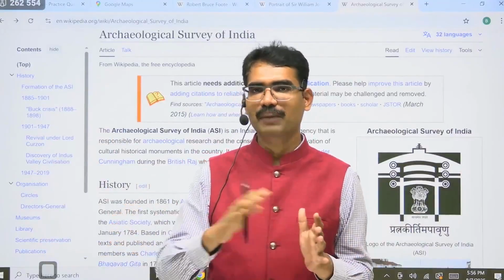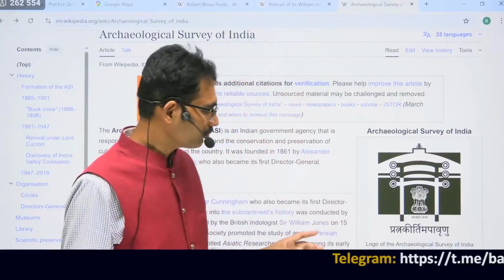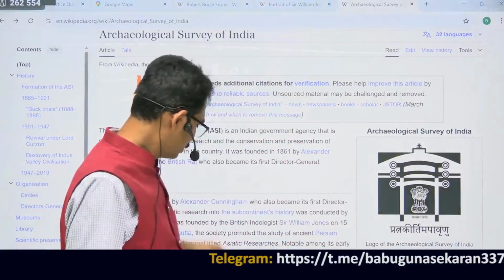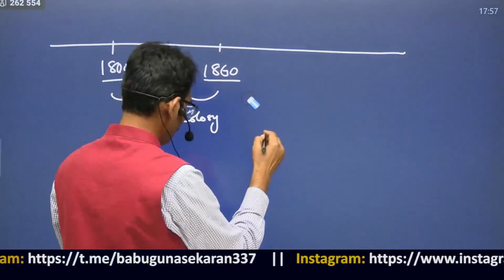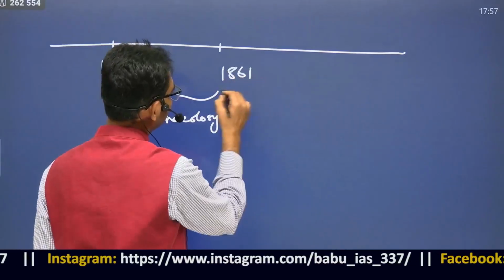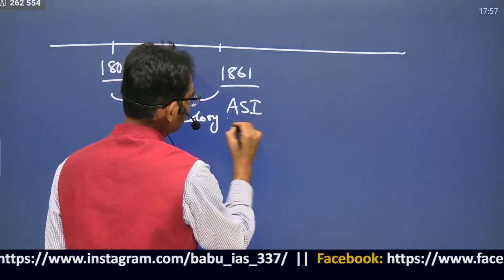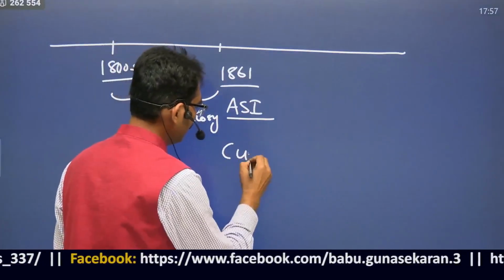You can answer multiple prelims questions and mains questions also you can write. In 1861, Archaeological Survey of India was created. Who is the person? Alexander Cunningham.